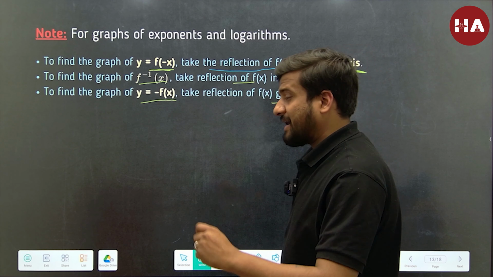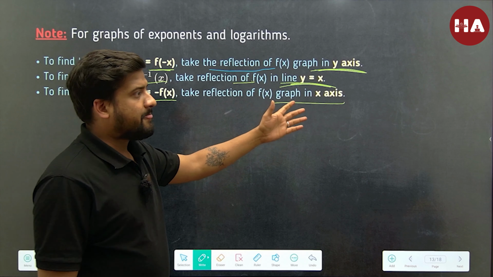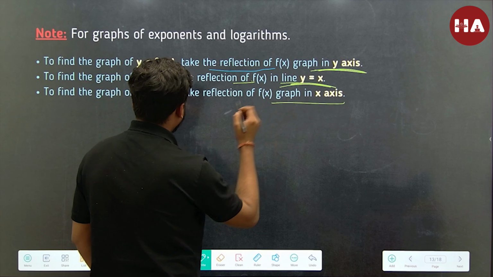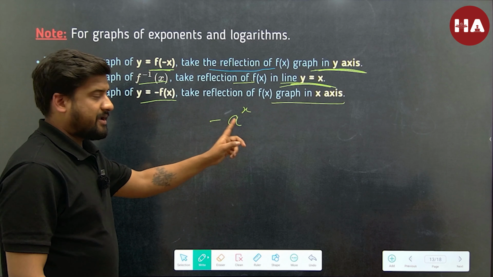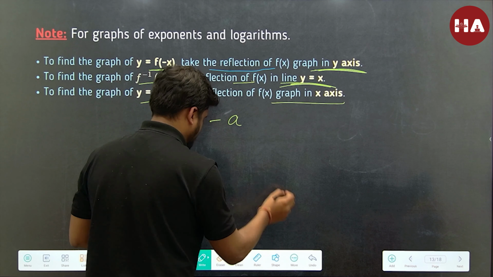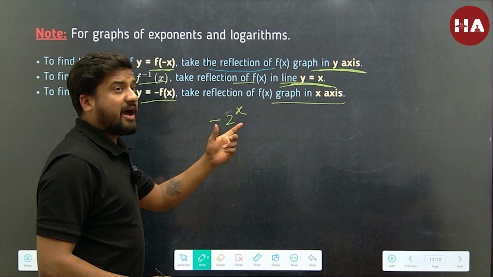Last, to find the graph of y equals minus f of x, take the reflection of the f of x graph in the x-axis, and that was the case in the previous slide. That was minus 2 to the power x, and that's the graph I drew.